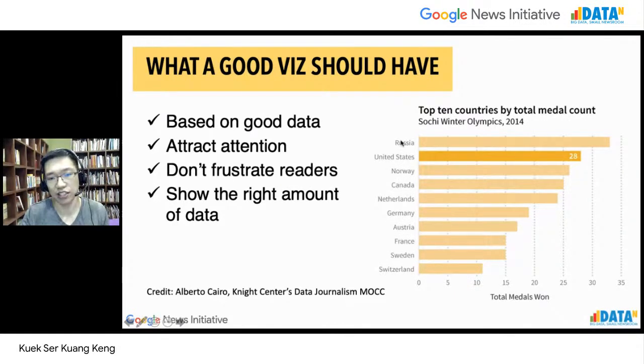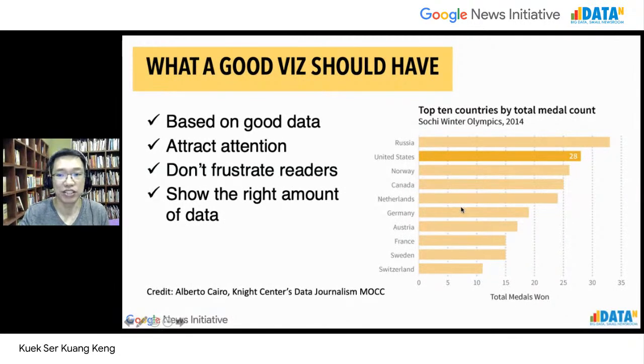In this case, the editorial decision is: I'm just going to show you that we, the United States, won 28 medals. We are behind Russia, and that's all we think you need to know. If you care about other countries, you can read the other bars. But here we just want to draw your attention to the United States, to tell you that we are at 28 and we are number 2, behind Russia.